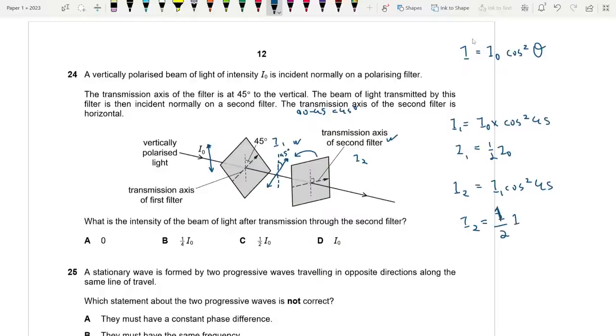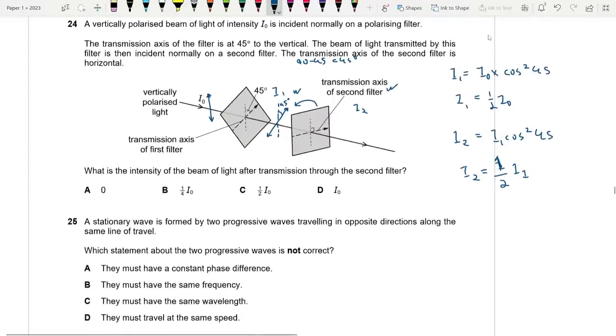Let's do the math. We want to find I2 in terms of I0. So I2 is equal to half into I1, which is half I0, so which is 1 by 4 I0. So our answer should be B. 24 should be B. Let's check. I'm checking the mark scheme. 24 is B.